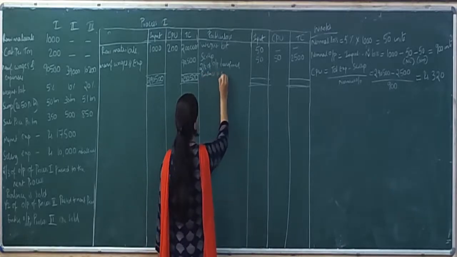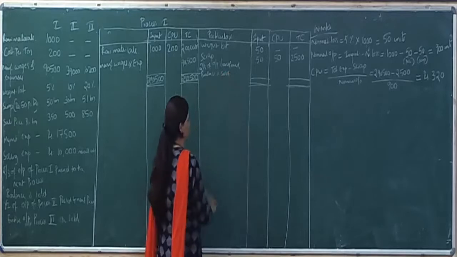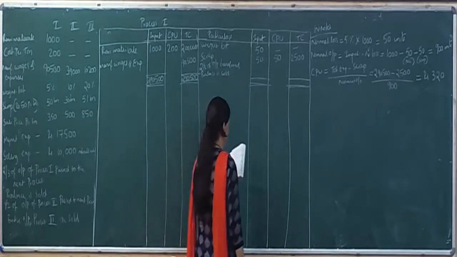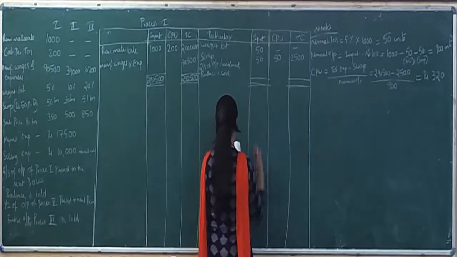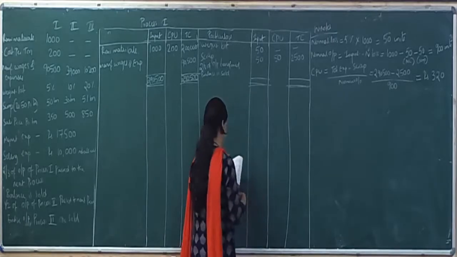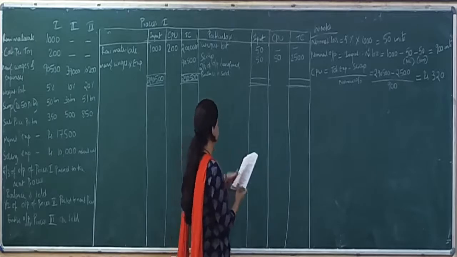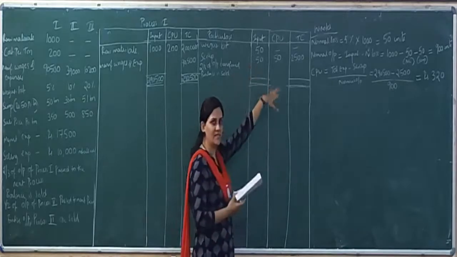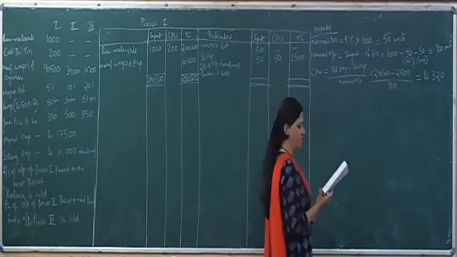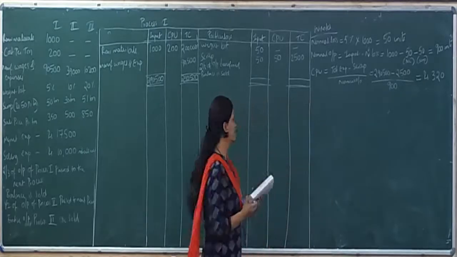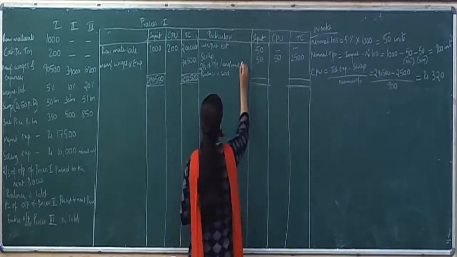So the balance is sold. 2/3 is transferred, so the difference would be 1,000 minus 50, whatever is remaining, that is 900. Out of 900, 2/3 is transferred.